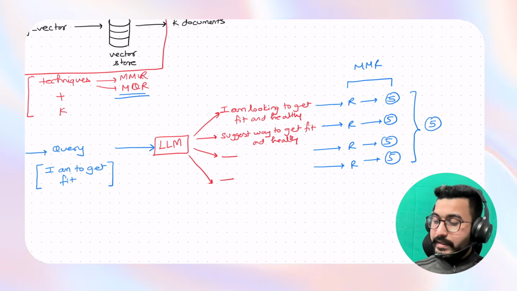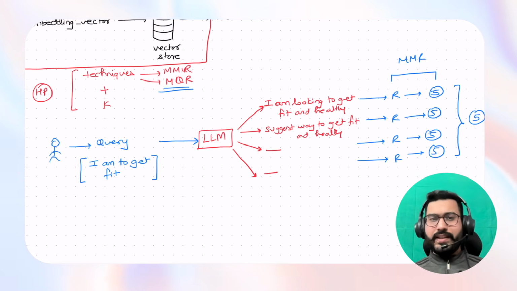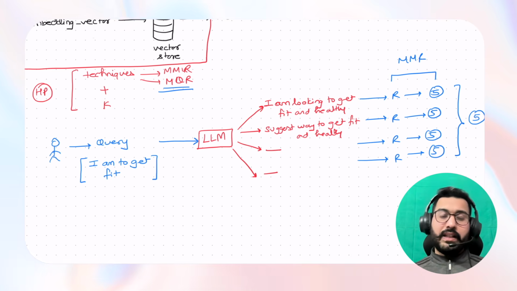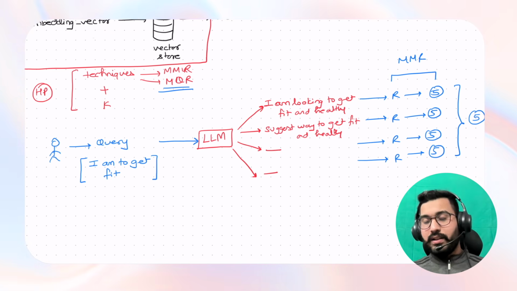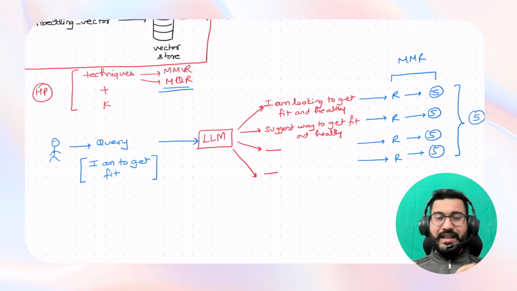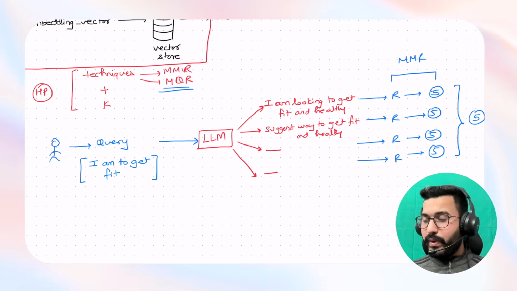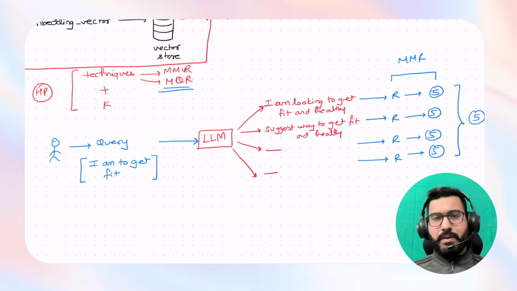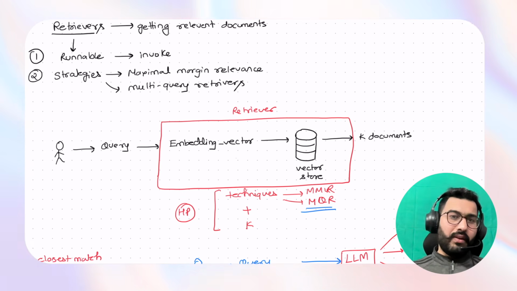So this is the process which MQR, multi-query retrieval, follows, where the objective is to generate multiple queries so that the ambiguity related to the user's query can be reduced, and then we follow the simple process of MMR. This is what your retrieval component is in Langchain.